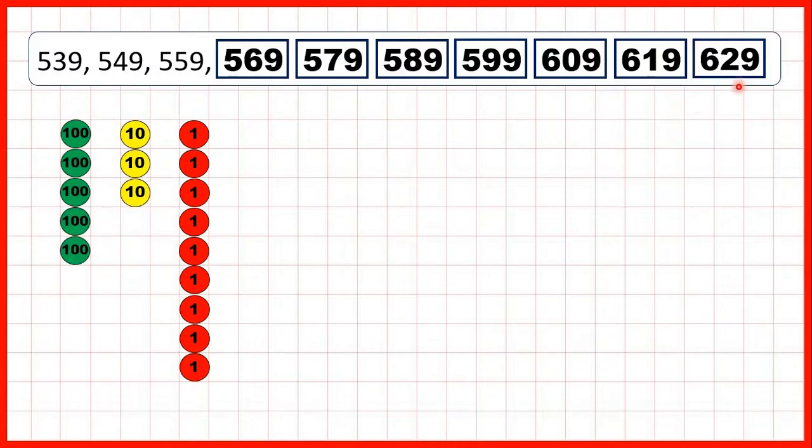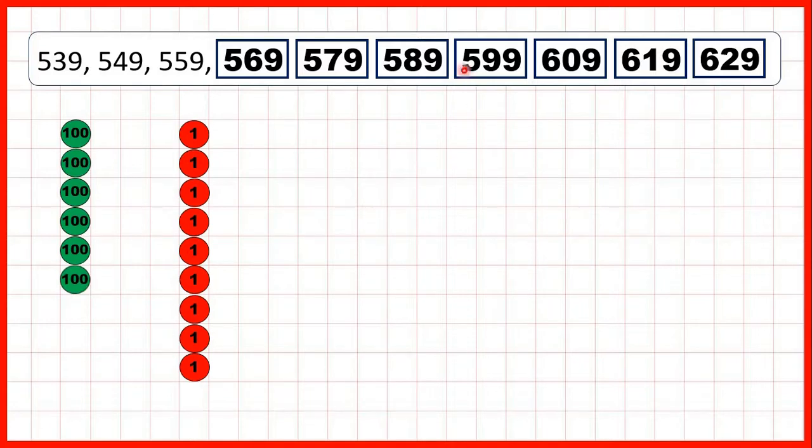Then we started with 539, so there's 5 hundreds, 3 tens and 9 ones. Counting in tens means that we're adding a tens counter each time. So now we have 599, but if we add another tens counter, because we have 10 tens, we need to exchange those for an extra 100.